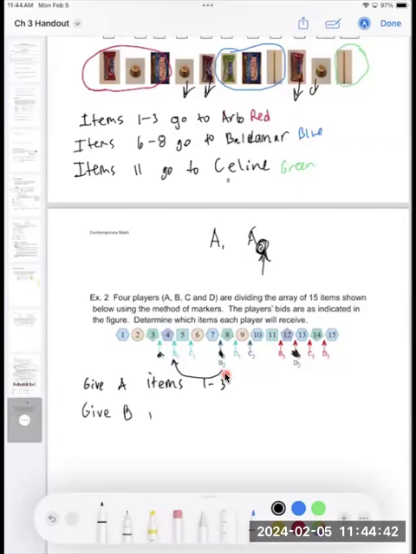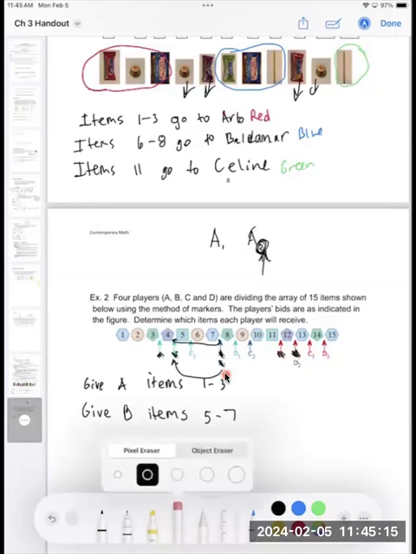Person B gets 5 to 7, because the markers start right here and go in right here. All right, and then we can cross B off because we took care of them. We made sure we got them their share, and now we don't need to stress about them anymore.